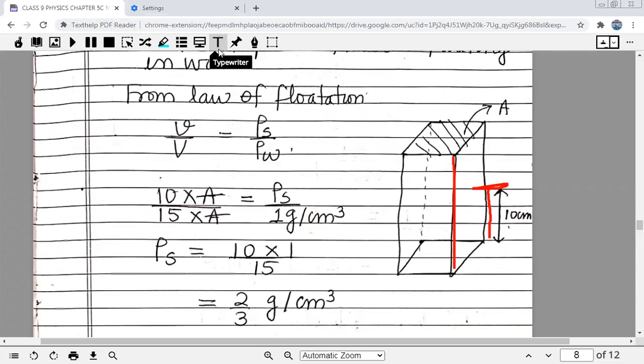Volume of cuboid equals length into area of cross section.